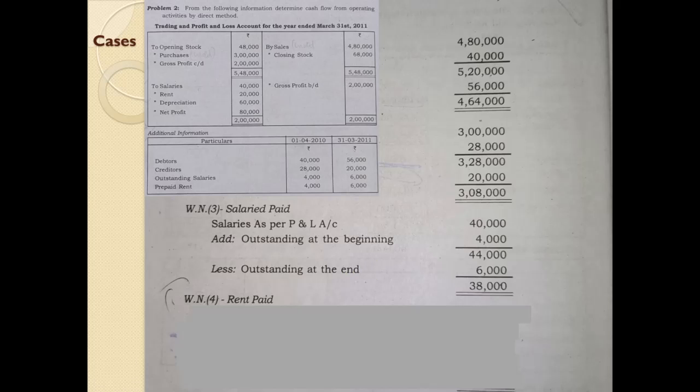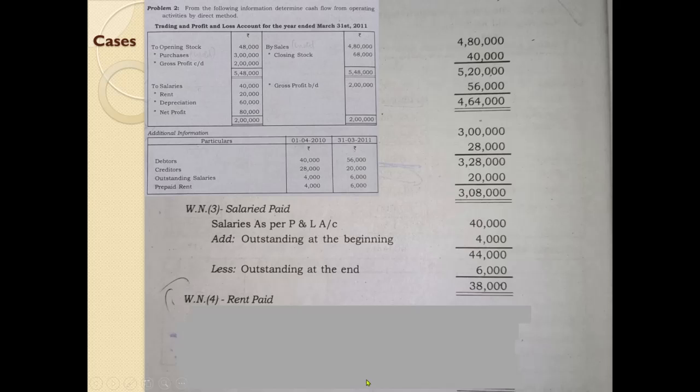So 6,000 was at the end of that particular year, and by the last day also the 6,000 was not paid. So the payment will be made in the next year. So it's not during the period.